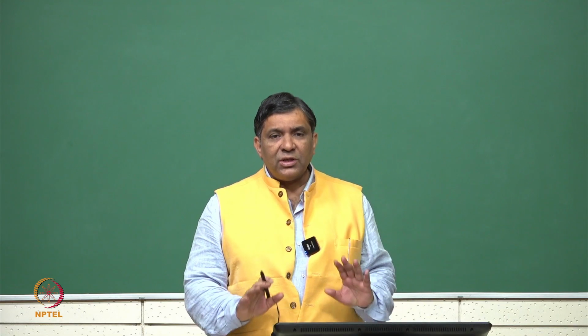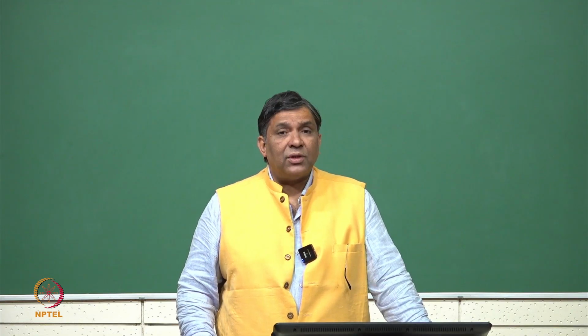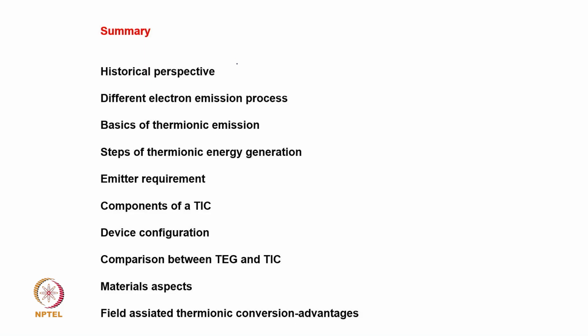Okay. So, let me just summarize what we have discussed about thermionic converter or thermionic generator. So, we had started with certain historical perspective of this phenomena, okay, or electron emission phenomena. Then we have seen what are different electron emission process, okay, that is thermionic process, field emission, photo assisted electron emission, secondary electron emission, and then we discussed about basics of thermionic emission.